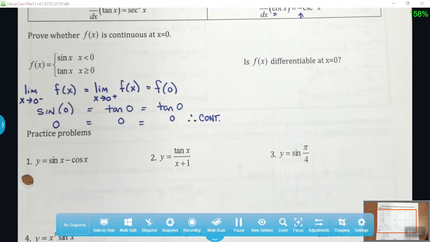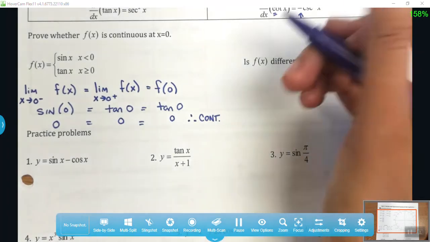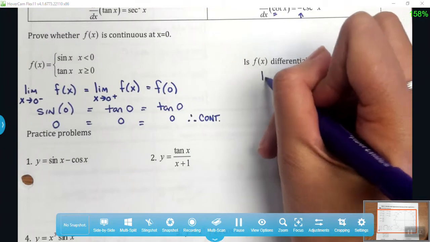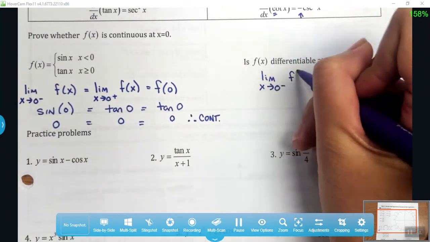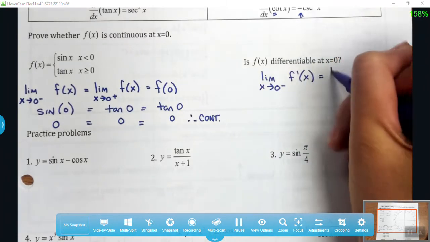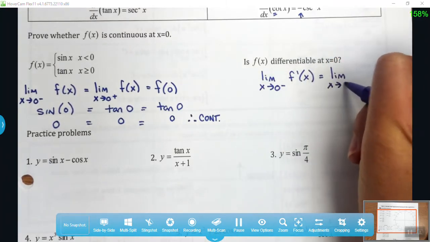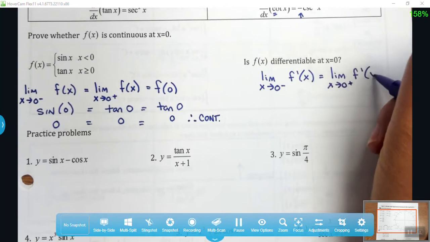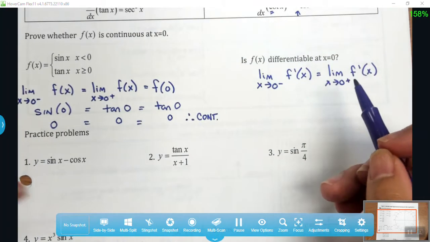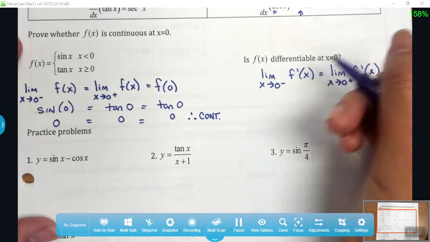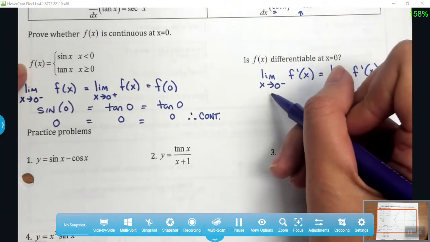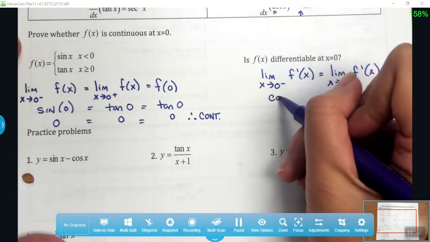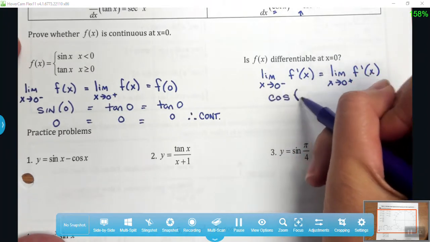Okay. Are we differentiable? How do we prove differentiability? Limits of the derivatives, right? Okay. So what's the derivative of sine? Cosine, and we plug in 0.